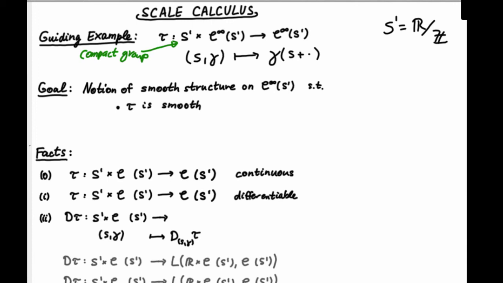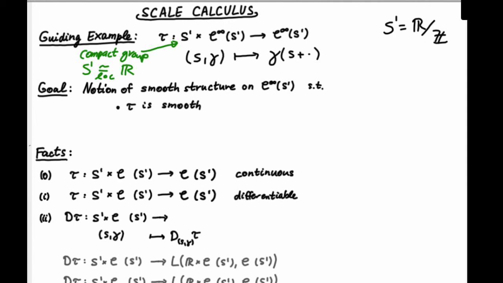But S1 locally is a vector space, namely R. I could have written this as R acting on things, but then it would have been a non-compact group. So I'm going to be a little schizophrenic about that and not quite decide which one I want.